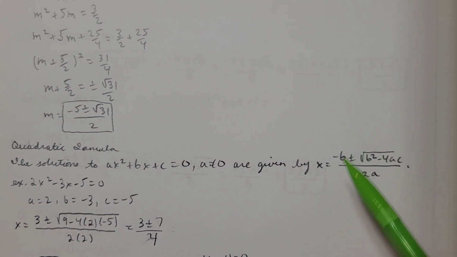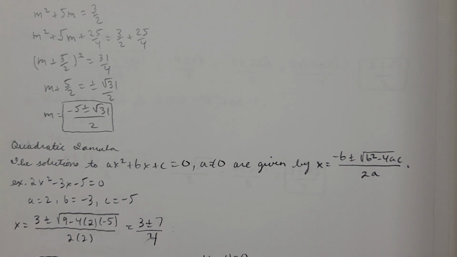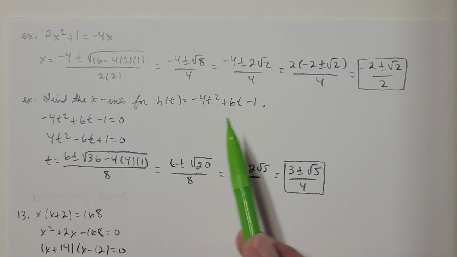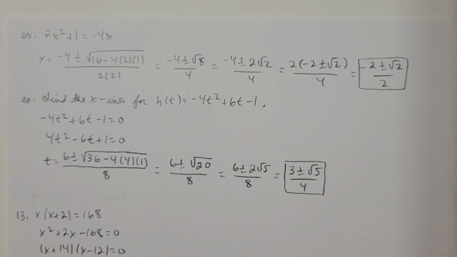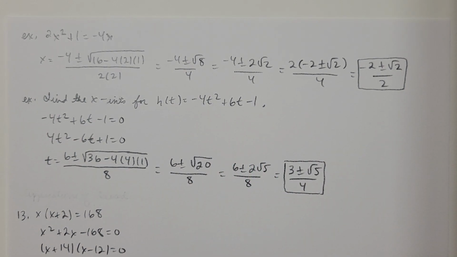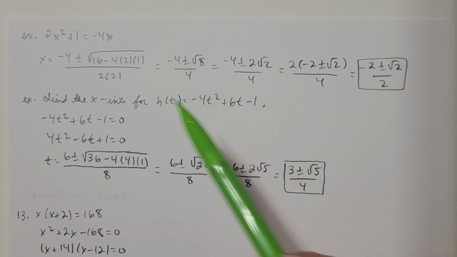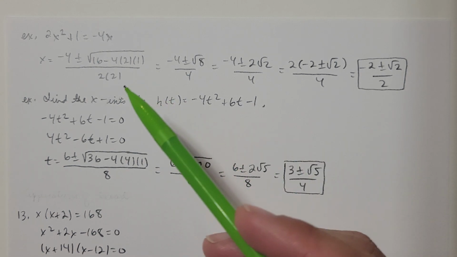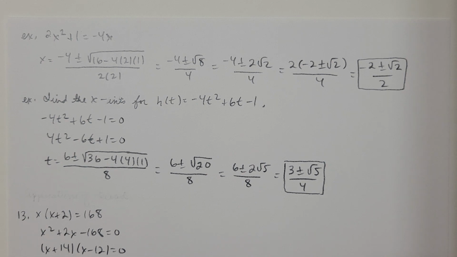So this formula is the simplified version of completing the square. That's why I said that if you have any quadratic equation, we prefer not to complete the square, because somebody has already done that for us. So why go through the procedure when somebody's already done that? We just use the formula. The quadratic formula comes directly from completing the square.